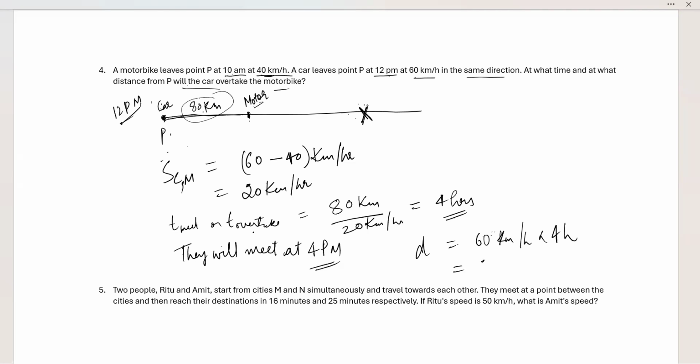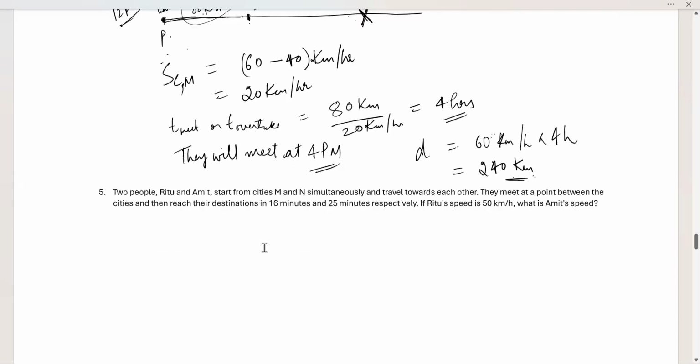So this comes out to be 240 kilometer per hour. Oh, sorry, kilometers only. ठीक है, 240 kilometers only because this is the distance. चलिए, let's move further.